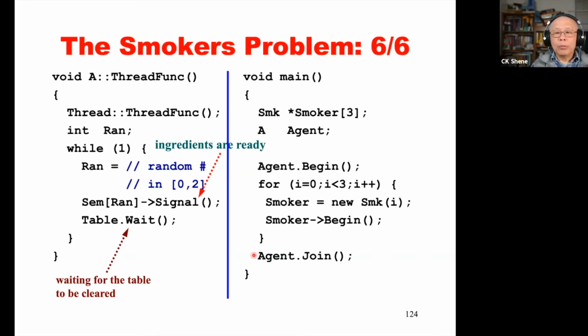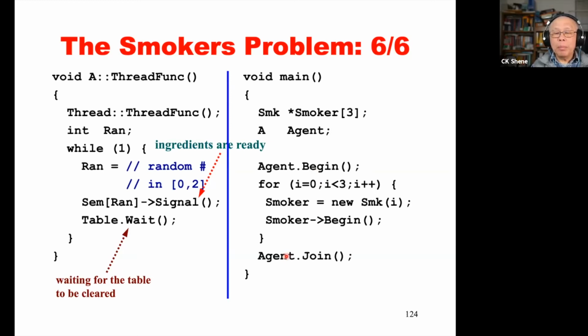So if we remove this line, that is, there's no join here. The reason you may have some doubt is that the agent here never ends. Then this join call does not seem to be needed. But if you don't have this join here, after creating the agent and the 3 smokers, the main program exits.